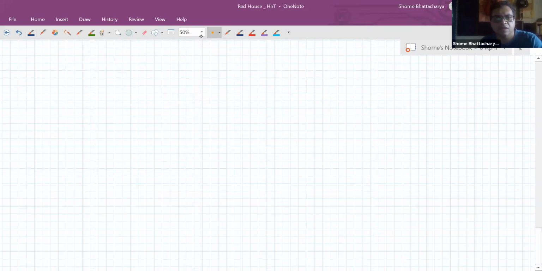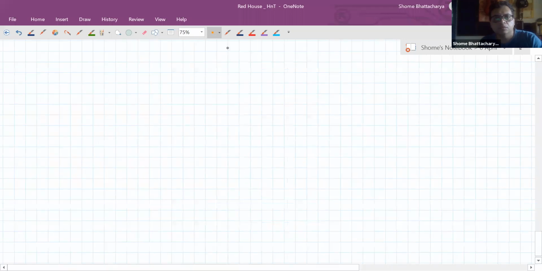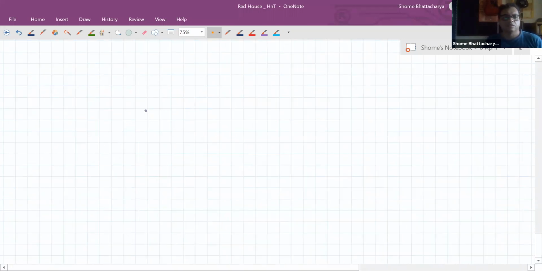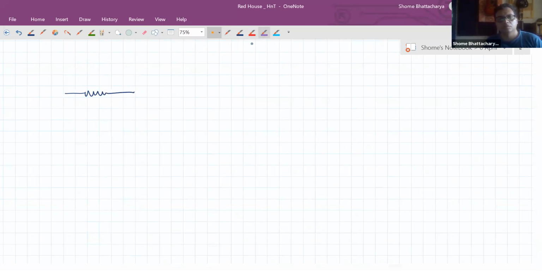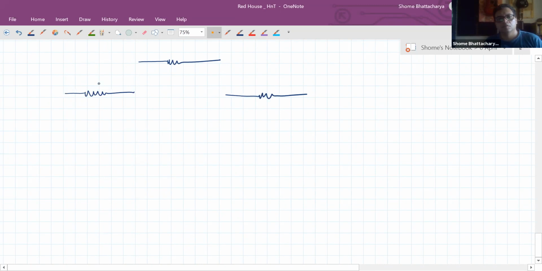So what I'll just do is I'll start with converting this to an equivalent circuit. So that would be like 3 of these resistors.